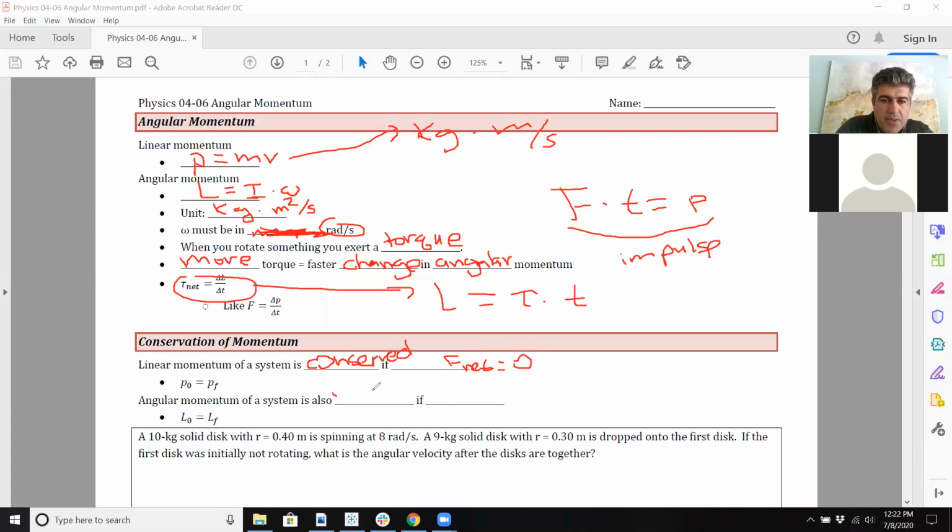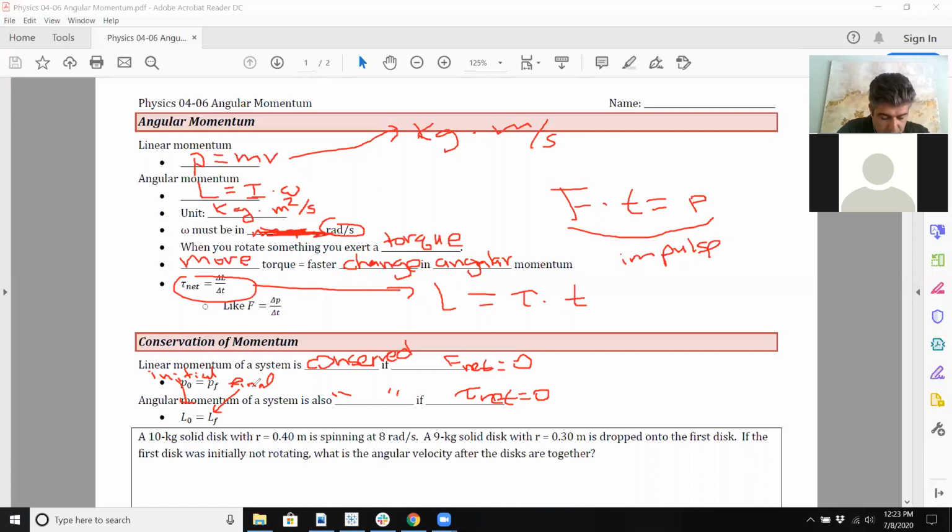Angular momentum is also going to be conserved if tau net also equals 0. But we usually don't worry about that because I present problems where that is true. And remember, initial momentum equals final, and again, initial and final for angular momentum.